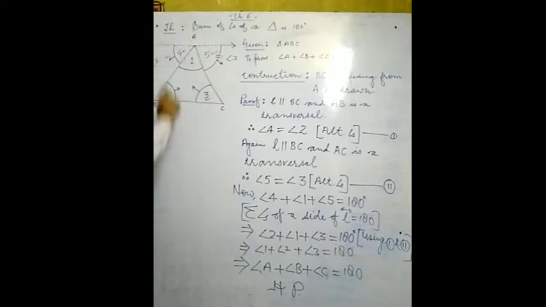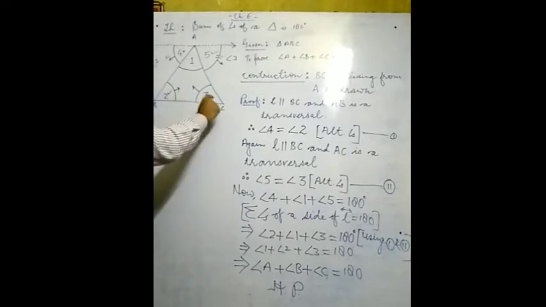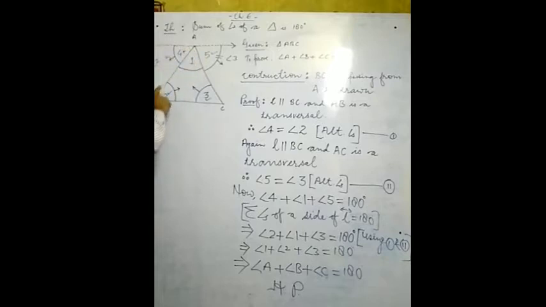Angle A. In the place of angle 2? Angle B. In the place of angle 3? Angle C. This way we can say that angle A plus angle B plus angle C equals 180 degrees. In this way we have proved the theorem: the sum of all the interior angles of a triangle is always 180 degrees.